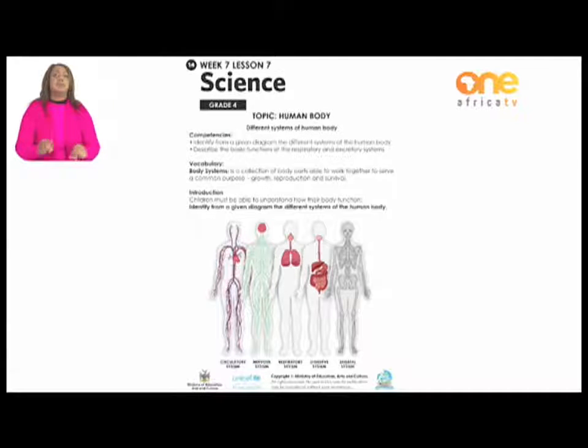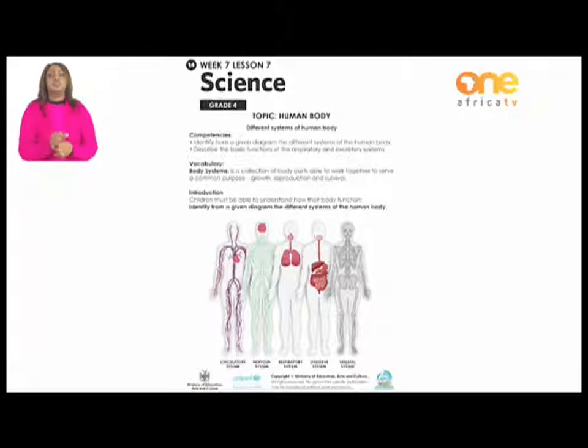Describe the basic functions of the respiratory and excretory systems. Vocabulary: there are some words that we will be using during our lesson, which is body systems. It's a collection of body parts able to work together to serve a common purpose, such as growth, reproduction, and survival.